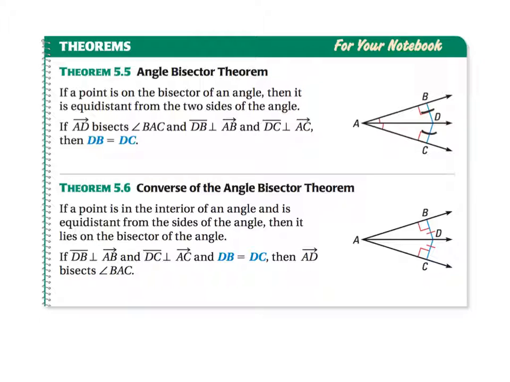It is marked with tick marks right there. Then that means that ray AD is the angle bisector of this angle. So when you can see that some point in here is equidistant to the sides of the angle, then you know that point lies on the angle bisector of that angle.